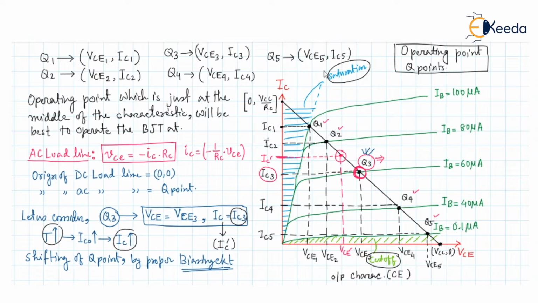And in this way, by using the biasing circuit, we can stabilize the transistor. That is known as the stability of the transistor. So let us see how the biasing circuit will look like.